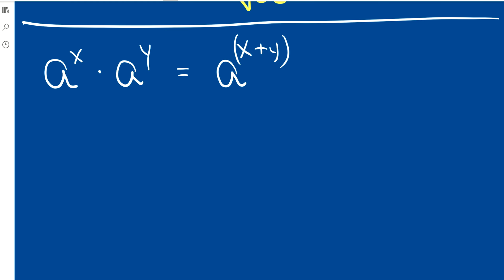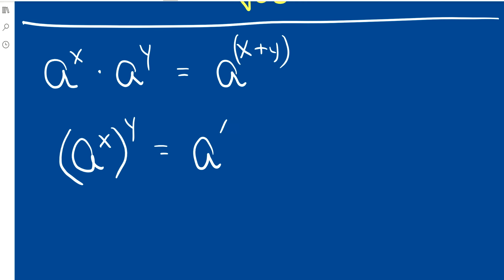The power rule, I'm going to say a to the x raised to the y. Then we're allowed to multiply x, y, so my answer for this one's going to be a to the x times y. Okay.